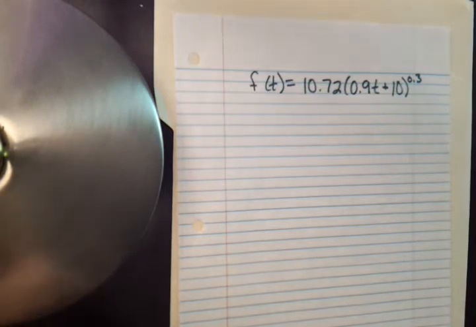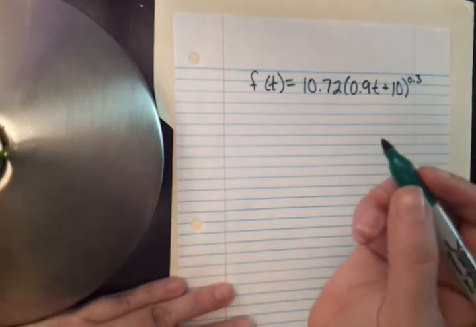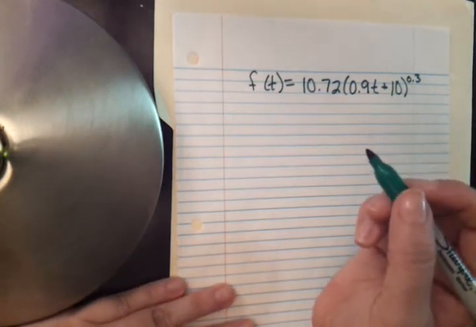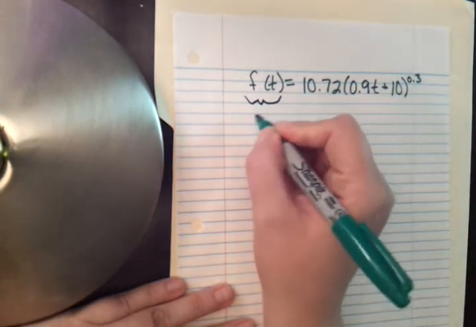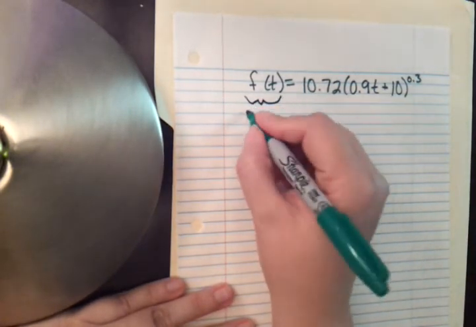Okay, so this says the population of Americans aged 55 years and over as a percent of the total population is approximated by the following function, where t is measured in years with t equals 0 corresponding to the year 2000. Okay, so this is a percentage.